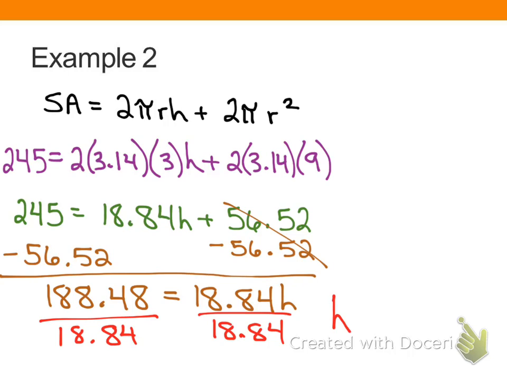So since it's pretty even, let's round it to the nearest whole number, which would be what? 10. H is approximately, since we rounded our answer, I use my approximation, H is approximately 10 inches. And that's my answer. Okay? All right, and if you understand that, that's everything you need to know for 12.4.